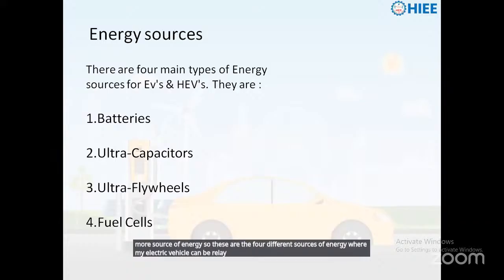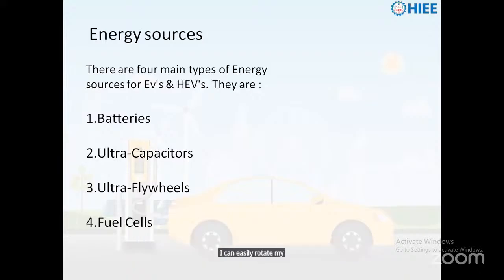Because whenever we come to the electric vehicle, my motor needs to have power. In general, if I take the motors at our home, we have a continuous supply with the help of some wire, and I can easily rotate my motor.